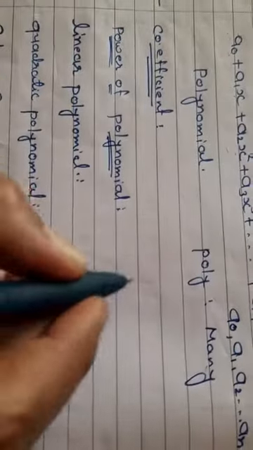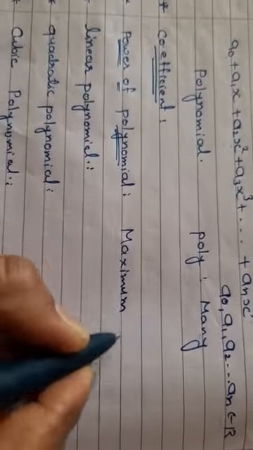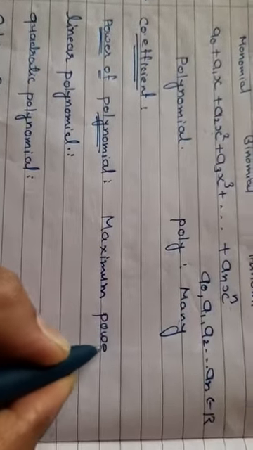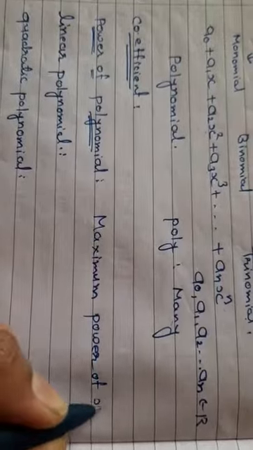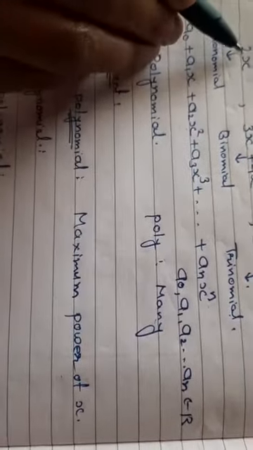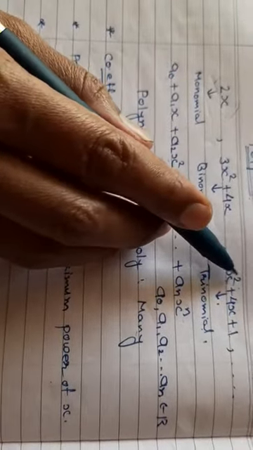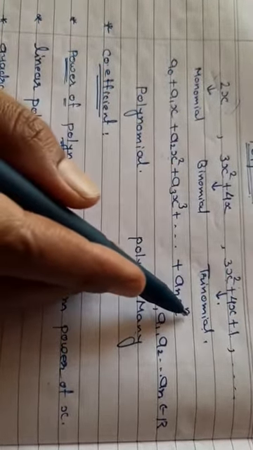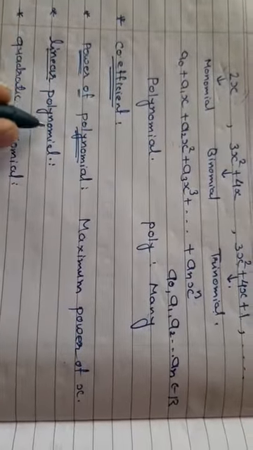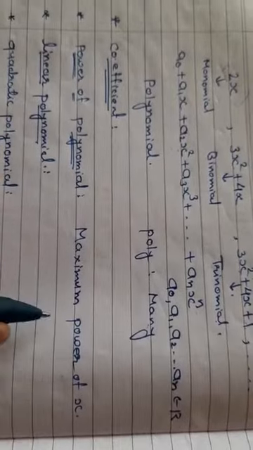Now, the power of a polynomial. The power of a polynomial means the maximum power of x. Here the power of the polynomial is 1, here it is 2, again here 2, and here the power of the polynomial is n. Now, a linear polynomial means a polynomial which has power 1.